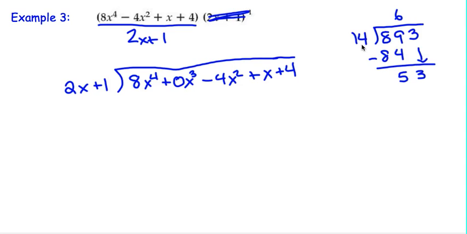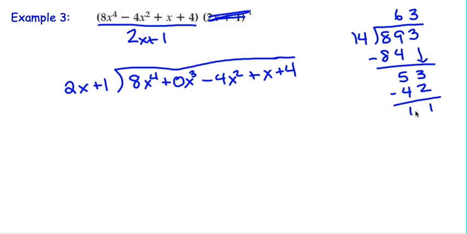And then you ask how many times does 14 go into 53? That answer is 3. When you multiply, you end up with 42. I'm going to subtract, and when I do the subtraction, I end up with 11. Now you ask, how many times does 14 go into 11?